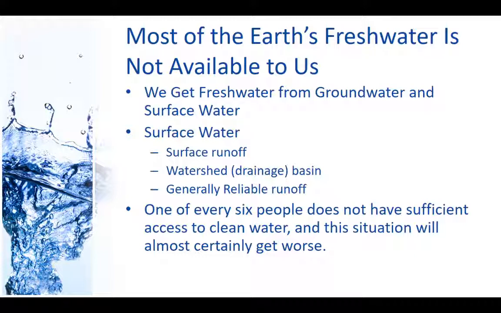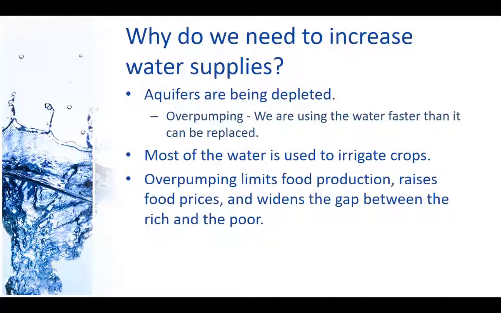So, what do we need to do to increase water supplies? One of our biggest problems right now is exactly what we're talking about when we take a look at the San Joaquin River in our Apocalypse River blog. Aquifers are being depleted. We are over pumping. We are using the water faster than it can be replaced.